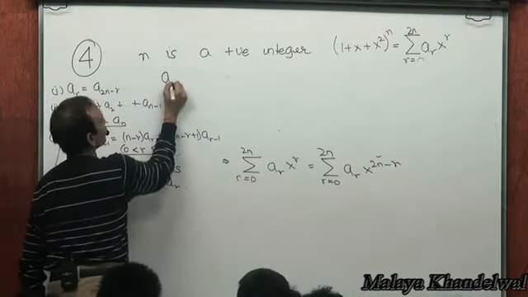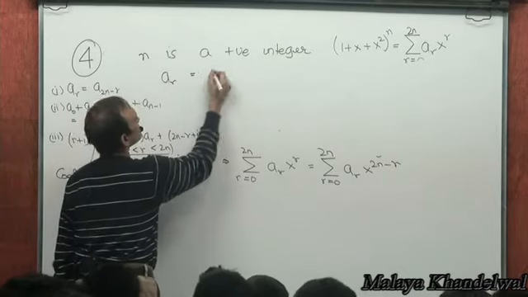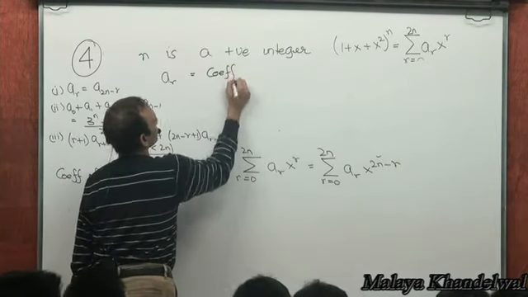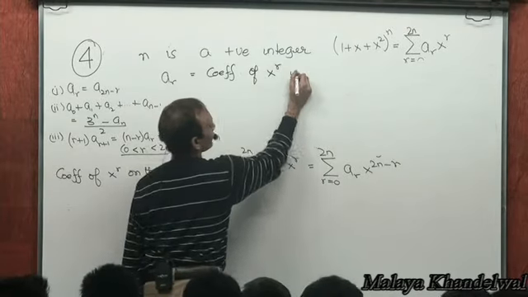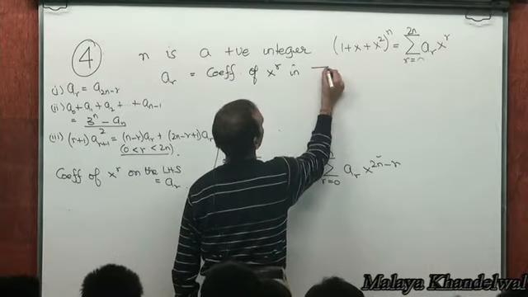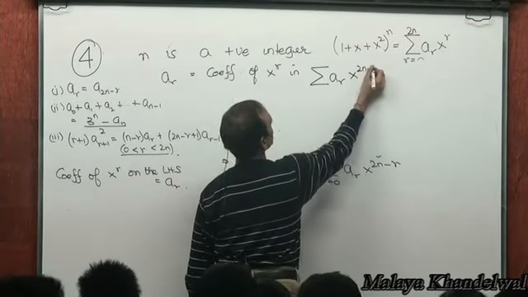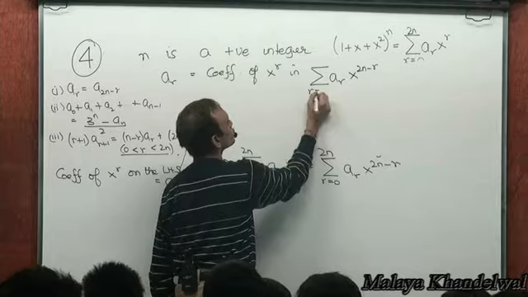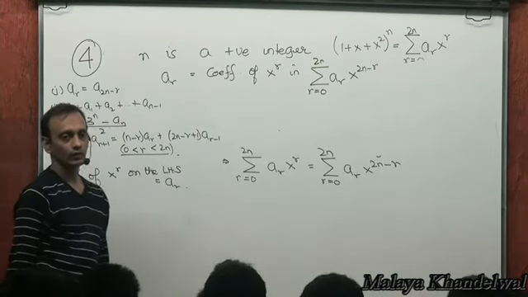So ar, which is the coefficient of x power r on the left hand side, must be the same as the coefficient of x power r on the right hand side. That is in summation ar x to power 2n minus r, runs from 0 to 2n.